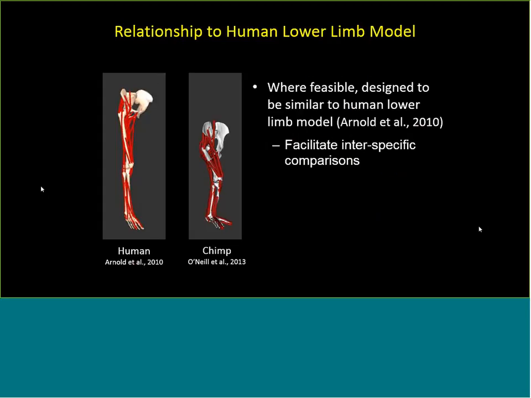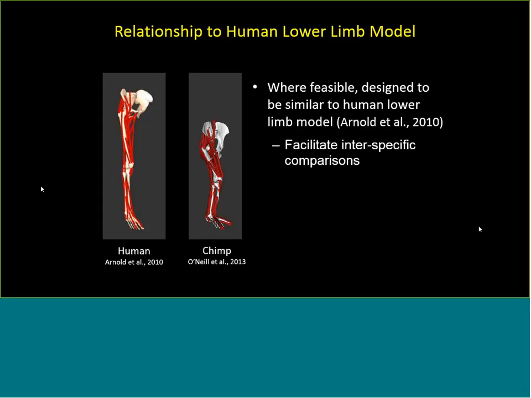And we made a point, as we were developing the chimp model, in cases where it made sense, to make the chimp model as similar to the human model as possible in terms of the level of complexity and modeling decisions that were made, while still respecting the situations where there clearly was a difference based on the anatomy. And we made these steps in the hopes that it would facilitate comparisons that are made based on the human model versus the chimp model.